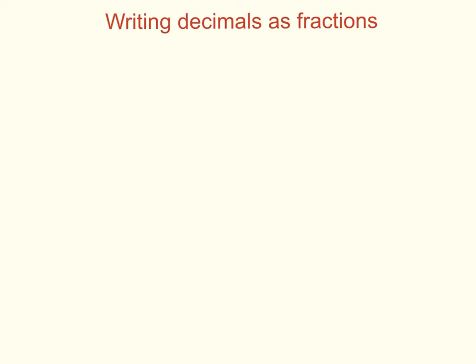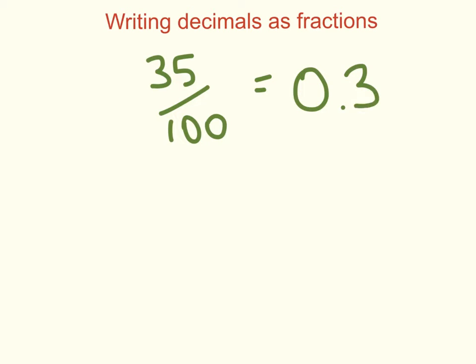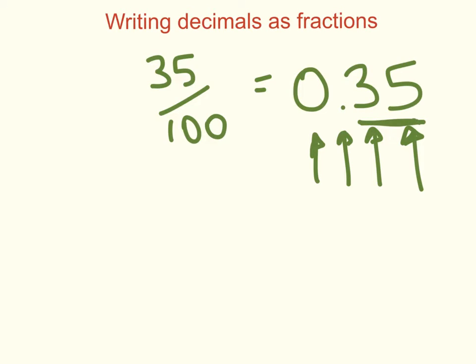Now what if I make it a bit tougher and I give you 35 hundredths? Well, I would write it like this, because my place values go ones, decimal, tenths, hundredths. So I have 35 hundredths, up to and including the hundredths place value, 0.35.